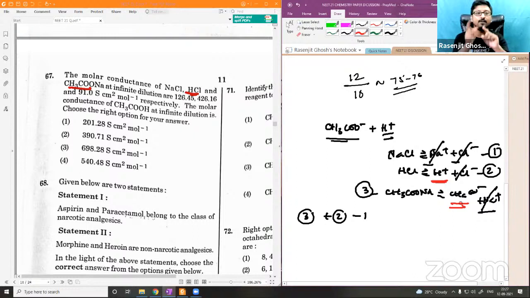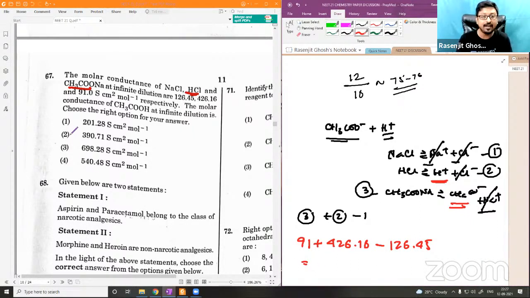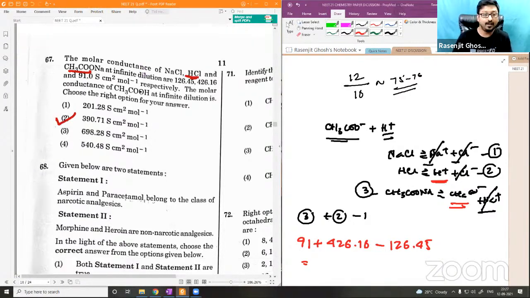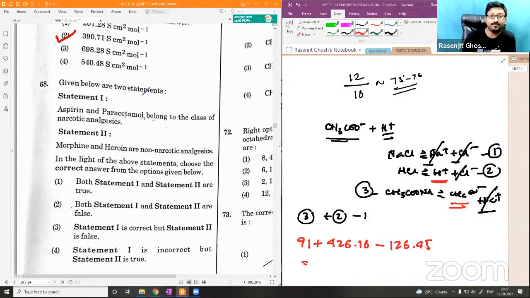Now I will put in their values. 3 is for 91, so it will be 91 plus 426.16 minus 126.45. If you do this calculation, you will get the value 390.71 Siemens centimeter square mole inverse, right? Okay.